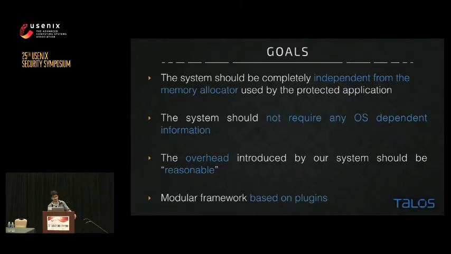Then we need a system that is operating system agnostic, so it can work transparently on Windows and Mac OS X. Then we want a system that is modular, because we want to plug in many plugins that implement heuristics to detect the different instances of spraying. And last but not least, we want a system that has low overhead, because we want to deploy it on a real machine, or at least the overhead has to be reasonable compared to other hypervisor solutions.